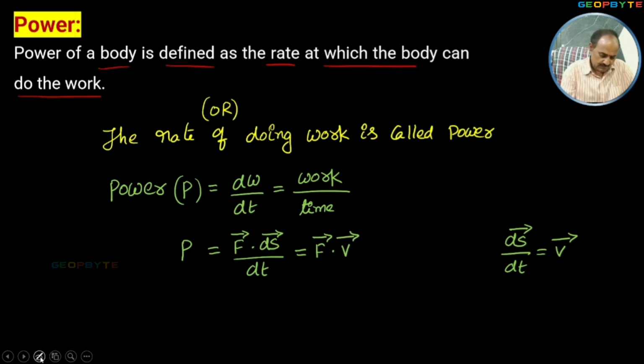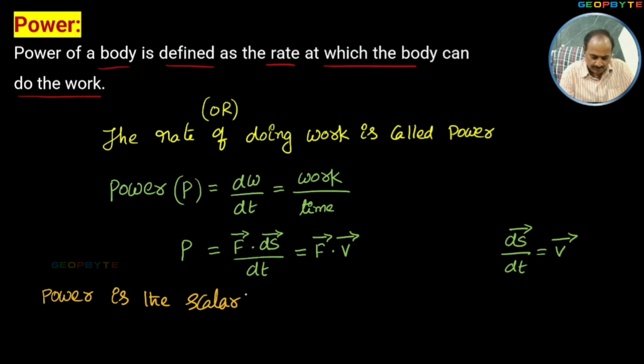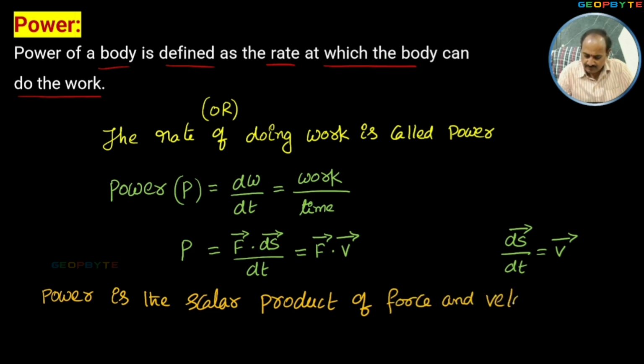From that, another definition for power is the scalar product of force and velocity. Let me write that point. Power is the scalar product of force and velocity. Very, very important point.